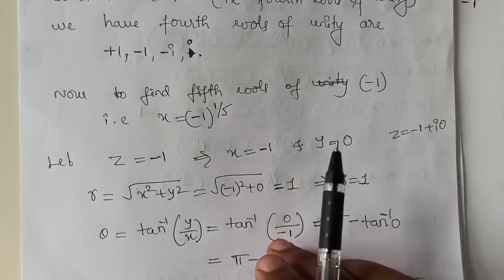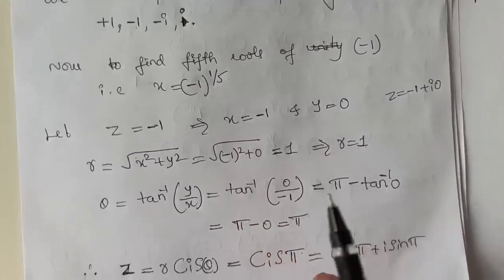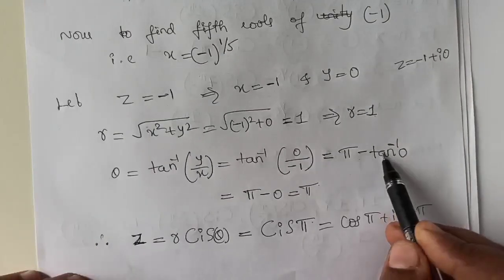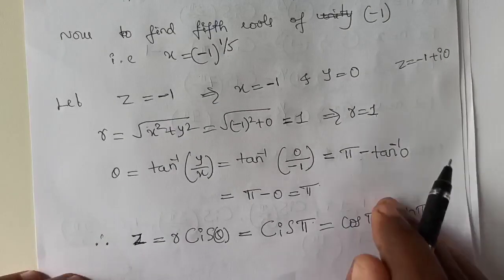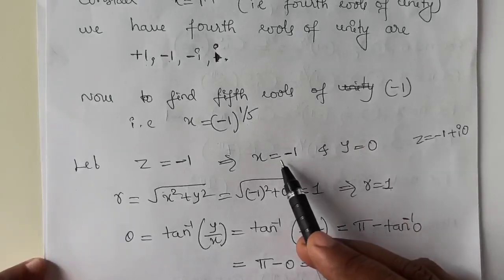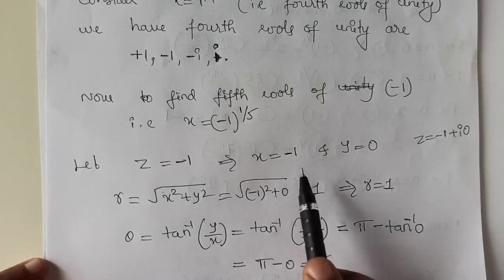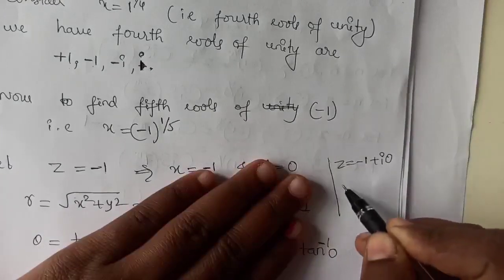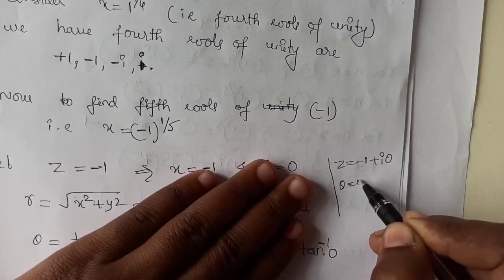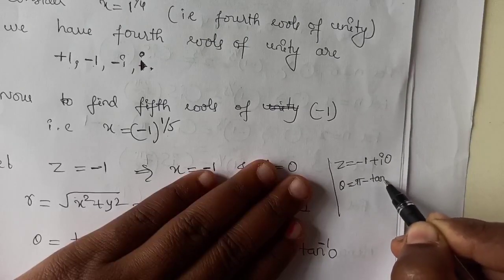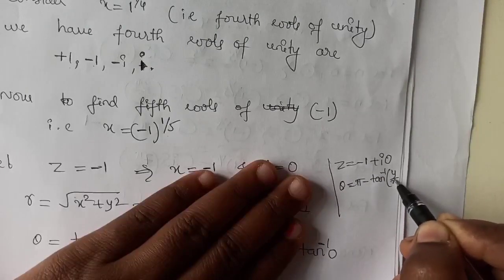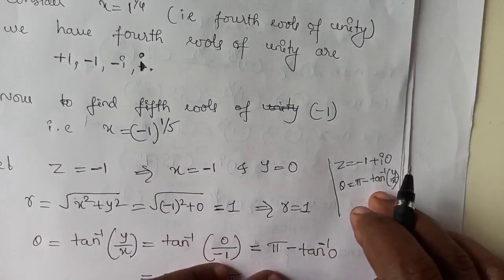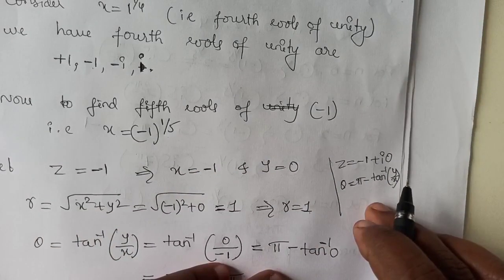Therefore the amplitude, that is theta, can be calculated by using pi minus tan inverse of y by x. This we have already discussed in the bridge course class.